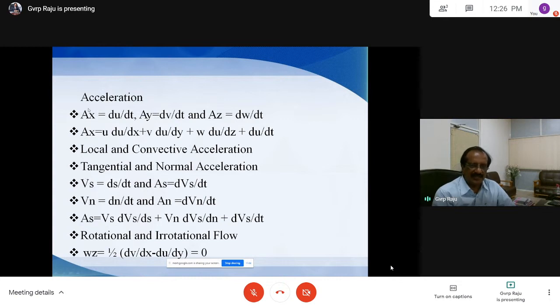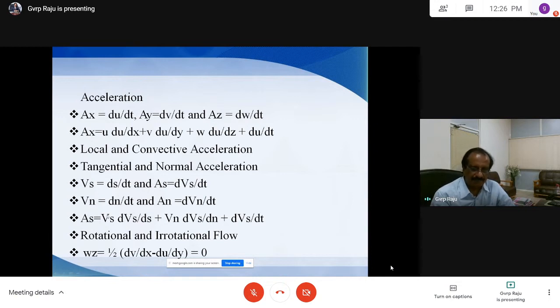And similarly, like ax, we can write As equals Vs dVs by ds plus Vn dVs by dn plus dVs by dt. So here also you can consider steady flow, I mean local and convective acceleration. The change of velocity with time is local acceleration, and the change of velocity with distance is convective acceleration.